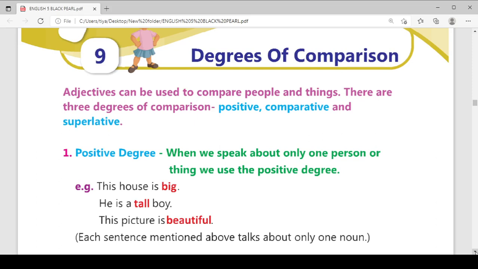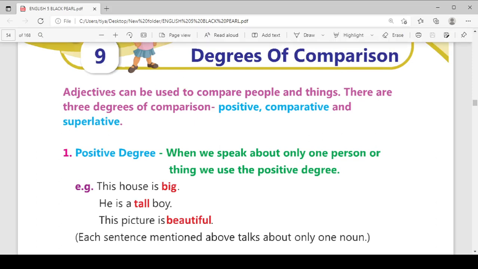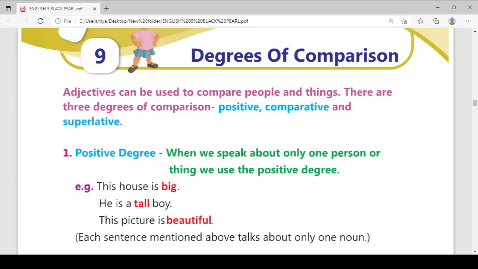Okay, whenever we want to compare, or when we talk about two persons, we generally use the comparative degree. Let's assume you have two friends and you want to say he is my good friend more than him. Or you have two girls and you want to say she is more beautiful than her.